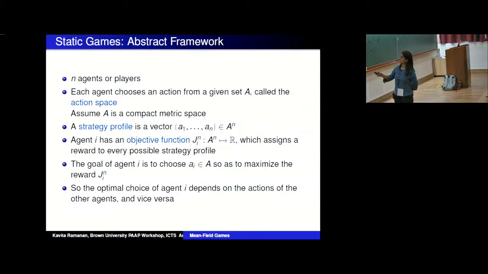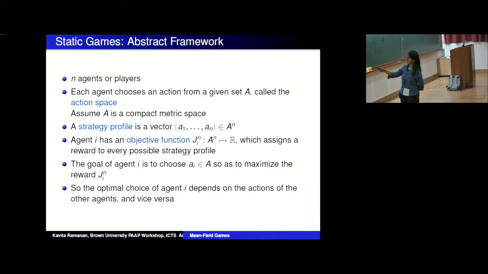Okay, and each agent has an objective function, J_i, which depends on the total number of players as well as its own identity, which takes the actions of all players and maps it to some value in R, a certain reward, which could be positive or negative, for every possible strategy profile of everybody in the system.